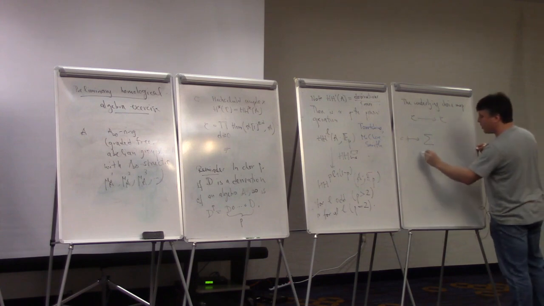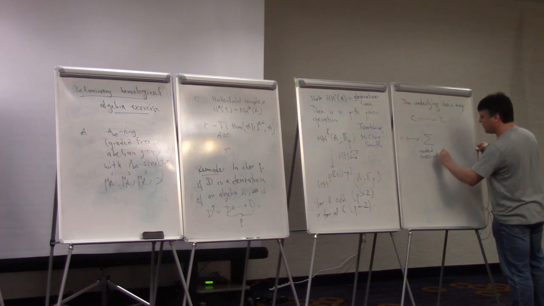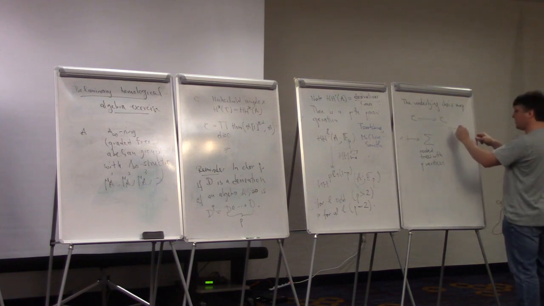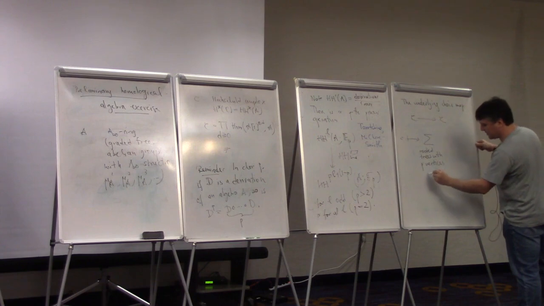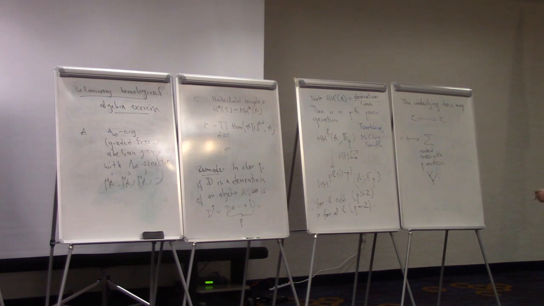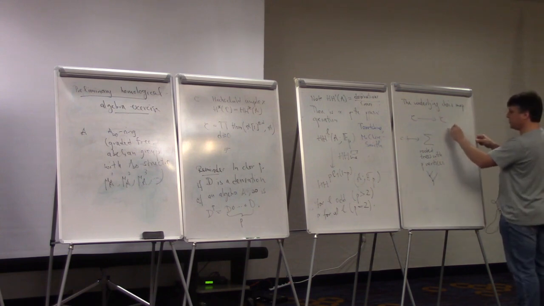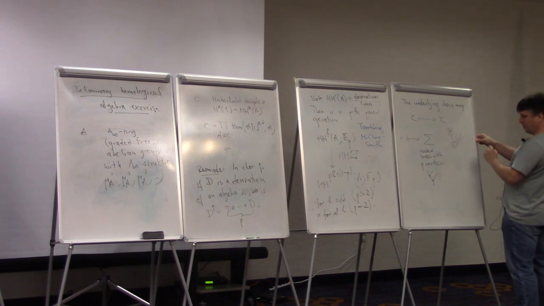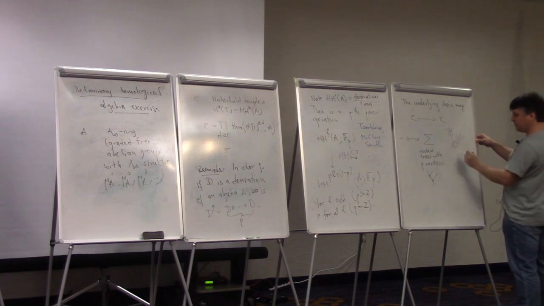There's a sum over rooted trees with P vertices, so this could be a tree. And then at every vertex of the tree, you put a copy of your Hochschild cochain.